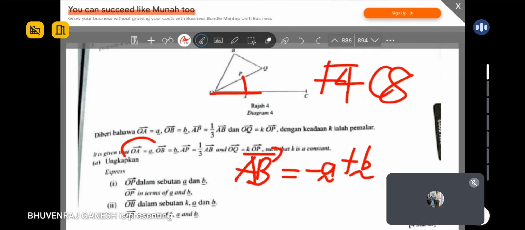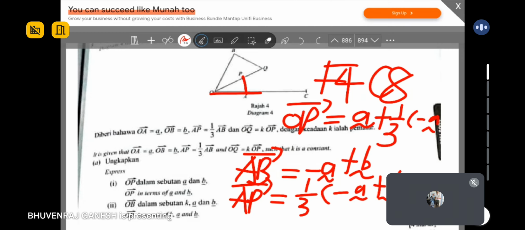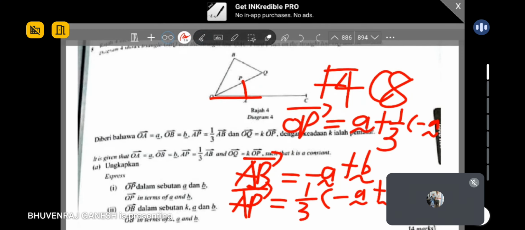Betul? AO negative A, OB B. So negative A tambah B. Alright? Okay, so then kamu boleh cari AP lah. Okay, AP equal to 1/3 (negative A tambah B). Okay, so OP equal to OA tambah 1/3 (negative A tambah B).